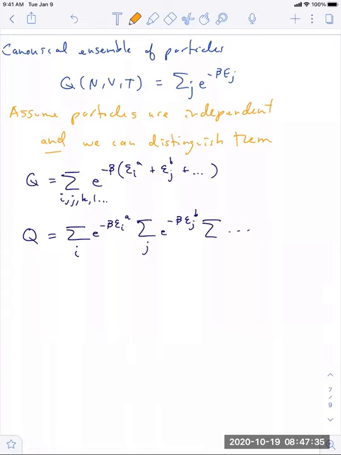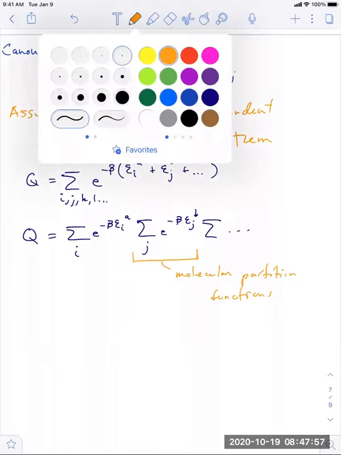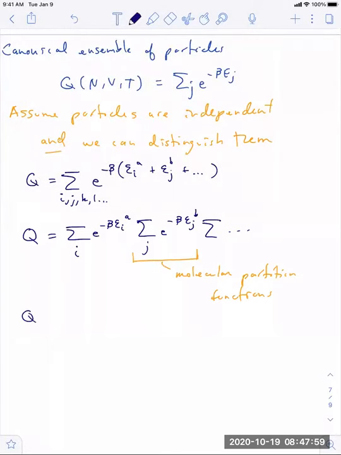And so what this means is I now have these single particle or molecular partition functions. And then my total partition function is just the product over all of these. So then I can write big Q as just equal to little q for particle A times little q for particle B, and so forth.